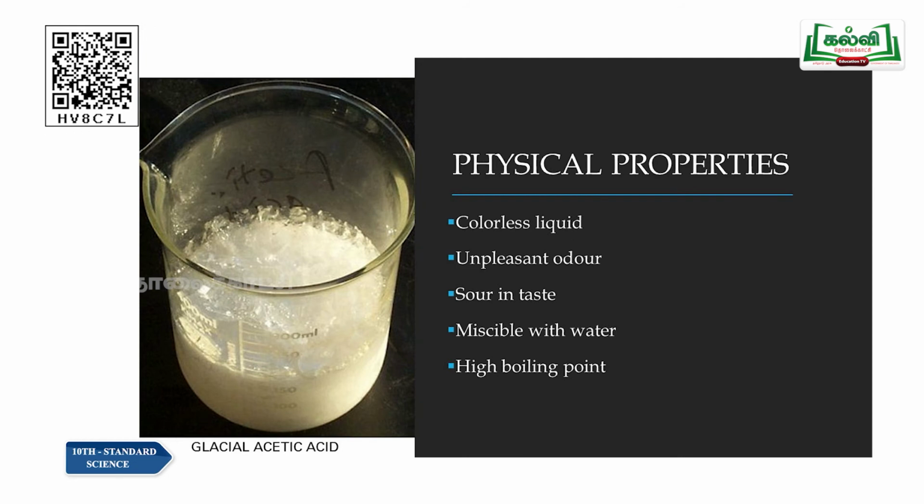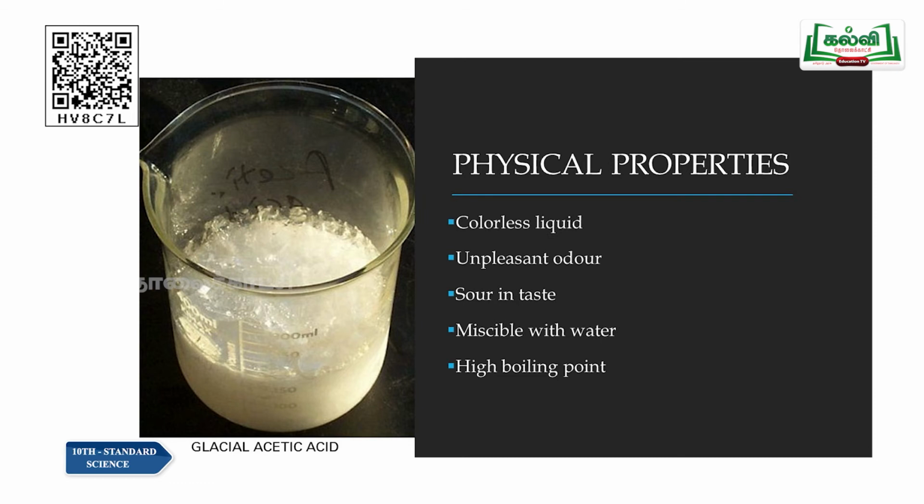Now, what are the physical properties of acetic acid? It is a colorless liquid, but it has an unpleasant odor. The smell of vinegar is the smell of acetic acid. It has an unpleasant odor, and it is sour in taste. It is also miscible with water in all proportions, and it has a high boiling point.